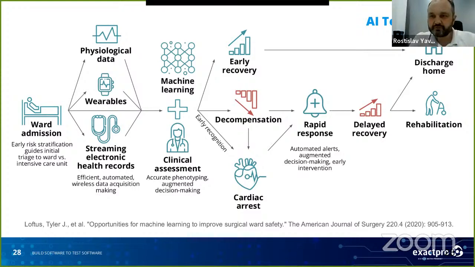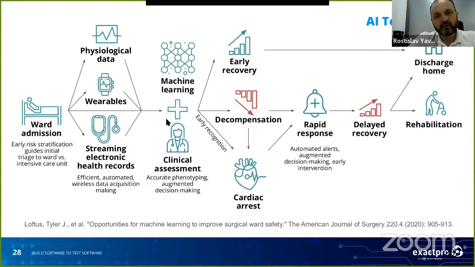Today, I just want to show a nice picture from a publication about opportunities of machine learning to improve surgical ward safety. And you see, the idea is that the physiological data could be combined with data which you gather from different variables, and also with streaming electronic health records. So you have a lot of data which could be collected about this particular person.